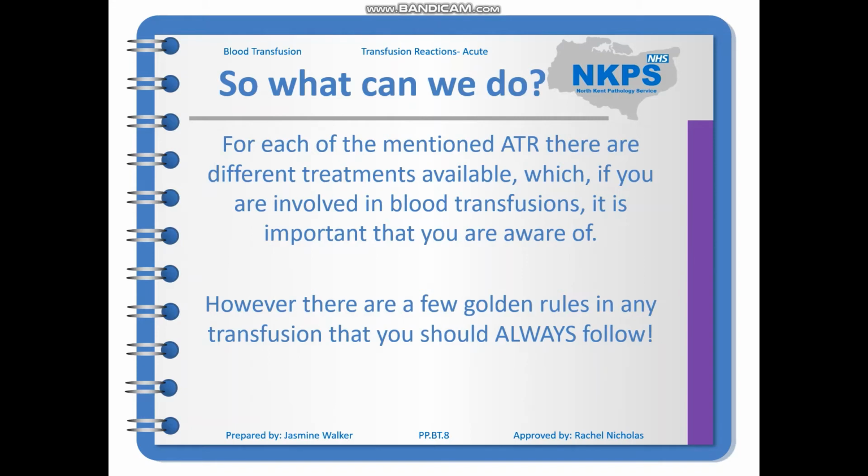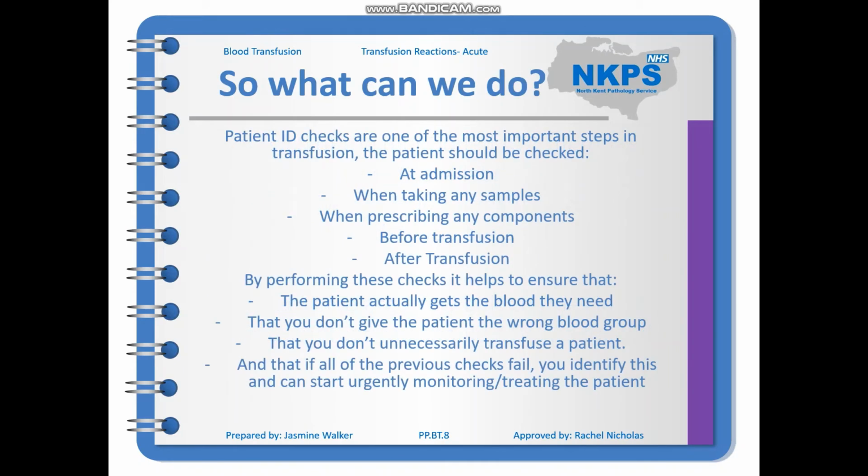However, what I am going to go through is just good practice when it comes to transfusion reactions and transfusions in general. First and most important thing, before you even are considering a transfusion in general, is ensuring you have the right patient.